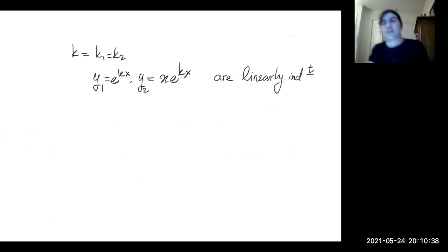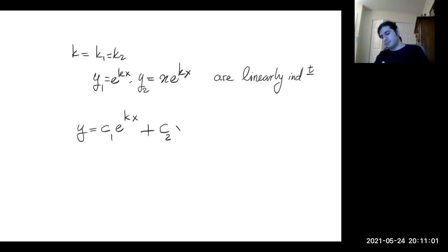Because our ODE is a second order ordinary differential equation, it has two linearly independent solutions. There is no other linearly independent solution. So the general solution is just a linear combination of these two. Is there any question up to here?